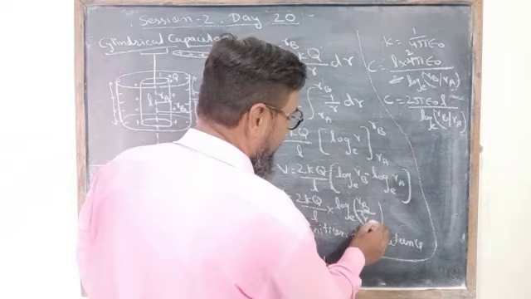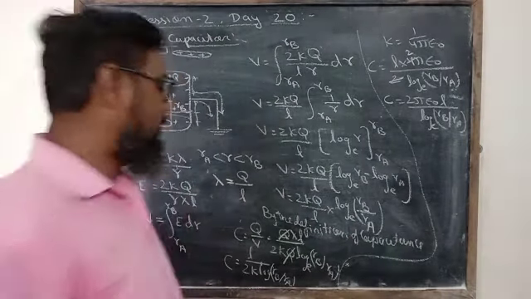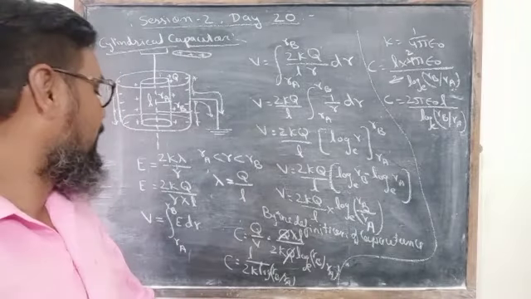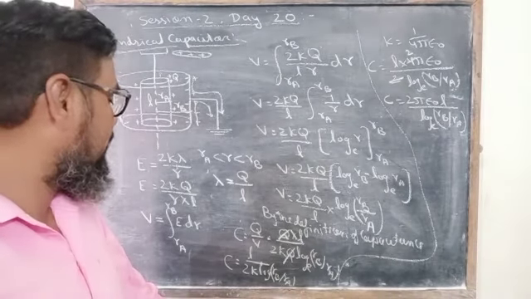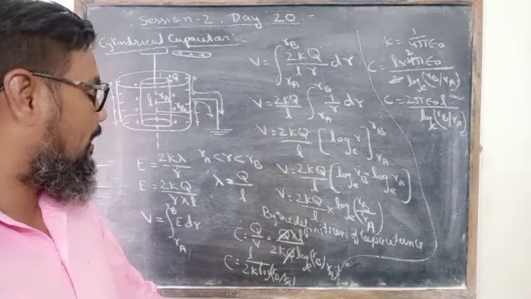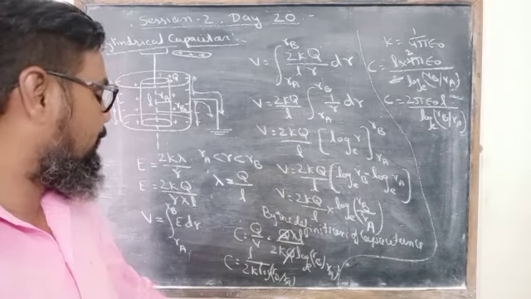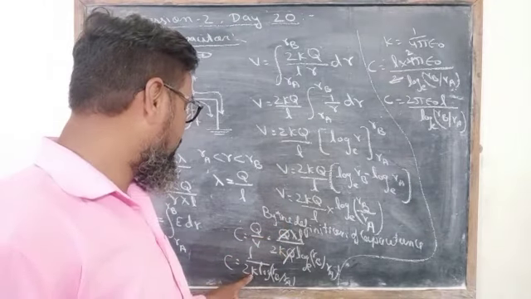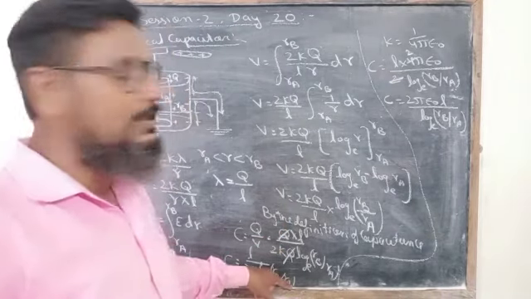Now by the definition of capacitance, C is equal to Q by V. The value of V is 2KQ log RB upon RA upon L. Q and Q cancel out, and C is equal to L upon 2K log RB upon RA.